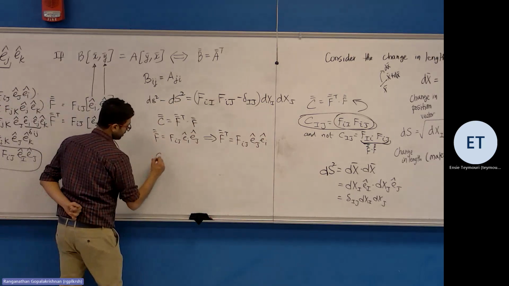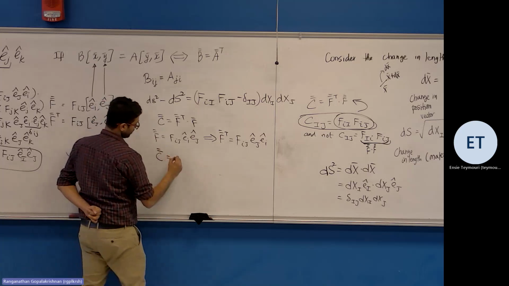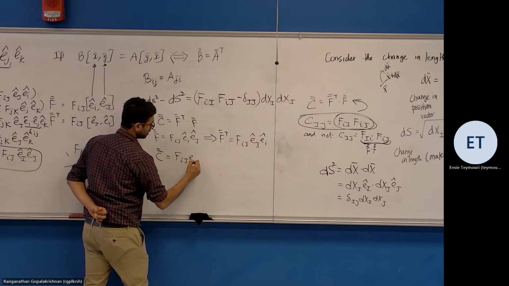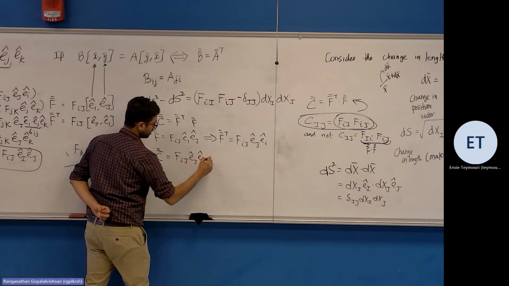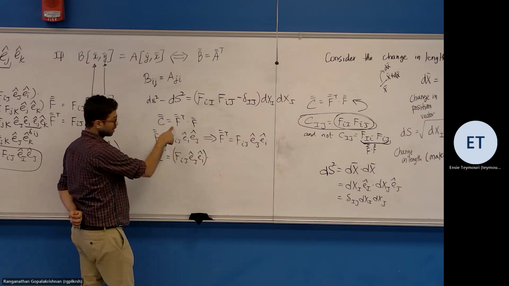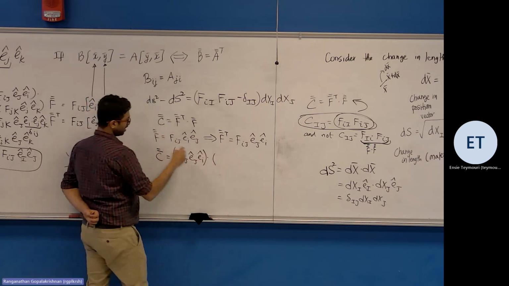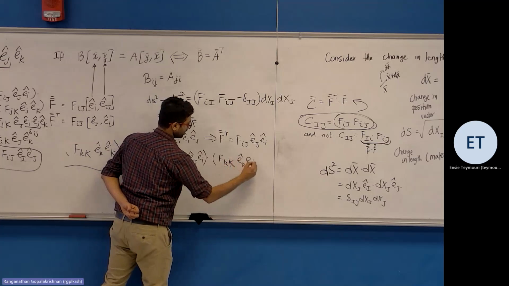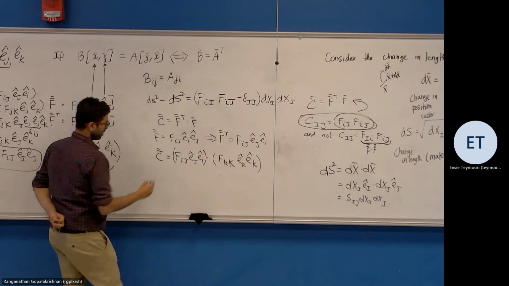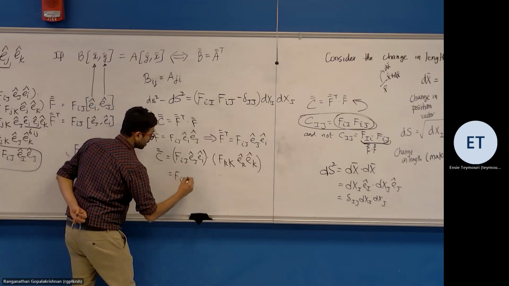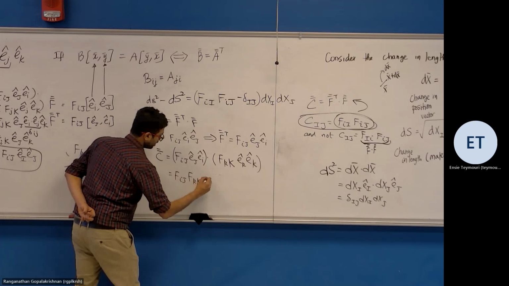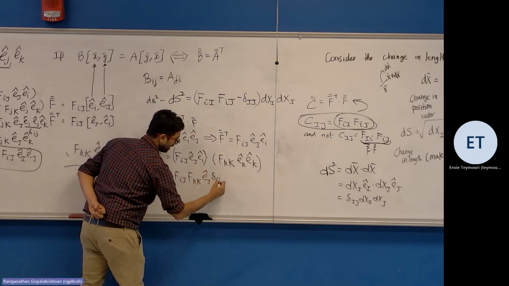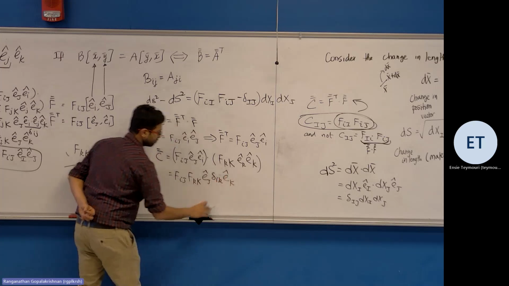Now if we calculate C, this would be F transpose, F_ij e_j e_i, dot F. I'll give it new dummy variables. I'll call this F_kl e_k e_l. So I have F_ij F_kl e_j e_i dot e_k, which is delta_ik, and e_l material.